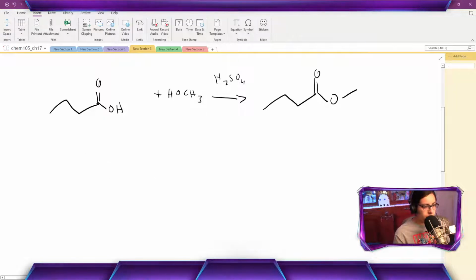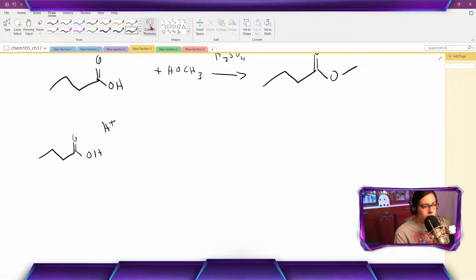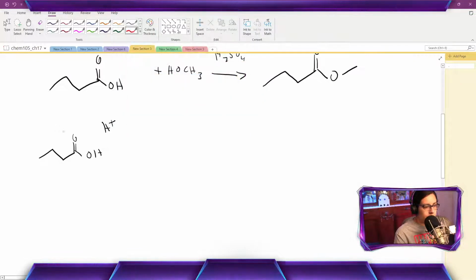So I'm going to rewrite. And so the first step is we're in acidic conditions. So I'm just going to, for shorthand, write H plus here. And for the first step, I'm going to try to show my mechanism in red.